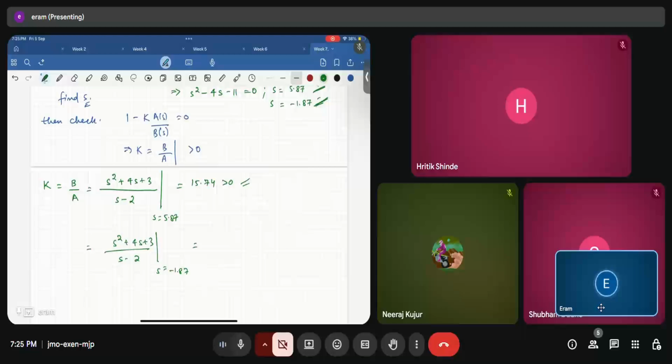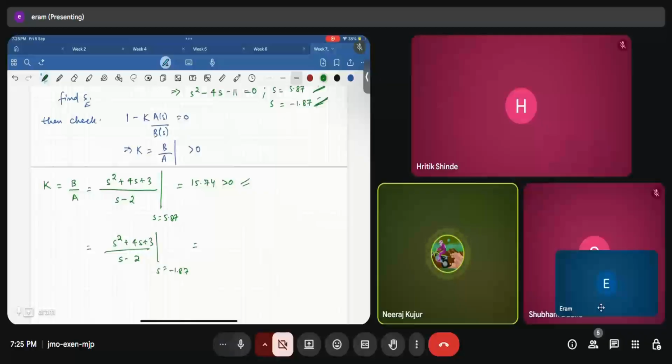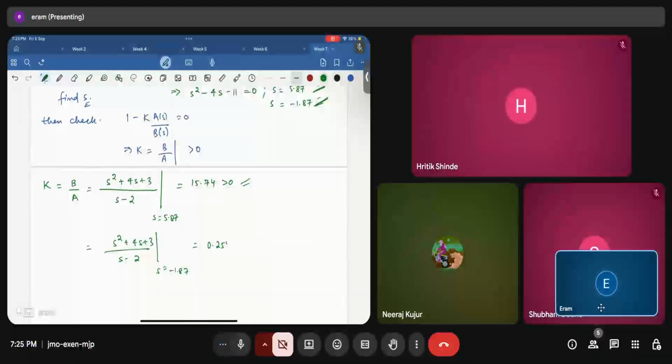Any one of you calculated the value of k for s equals to minus 1.87? 0.254, which is also positive one, right? So this point also lies on the root locus.